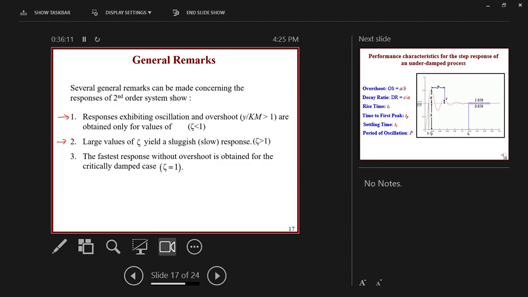So having a high positive value for zeta means that the process response is slow. Now the fastest response without overshoot is the case of the critically damped process where zeta is equal to 1. So if we want a second order process response similar to a first order response, we have to have zeta equal to 1.